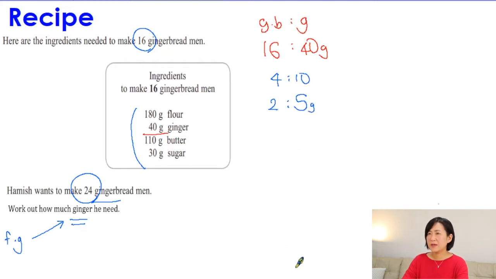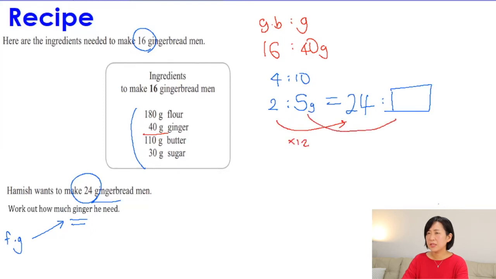Then, let's figure it out. These are equivalent. So, 24 gingerbread men, then the amount of ginger is the missing number. So, let's figure this out together. Now, 2 became 24. That means times 12. Then, times 12, 5 is 60. So, you need 60 grams of ginger.